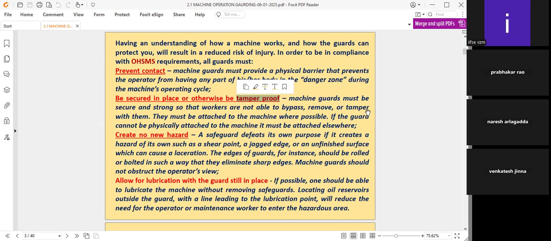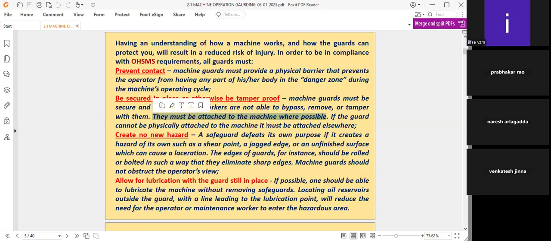Tamper off means the guards must be attached to the machine where possible. The guard should be bolted to the bed bolts of the total equipment. There are bed bolts there. You have to see that the guard is bed bolted.